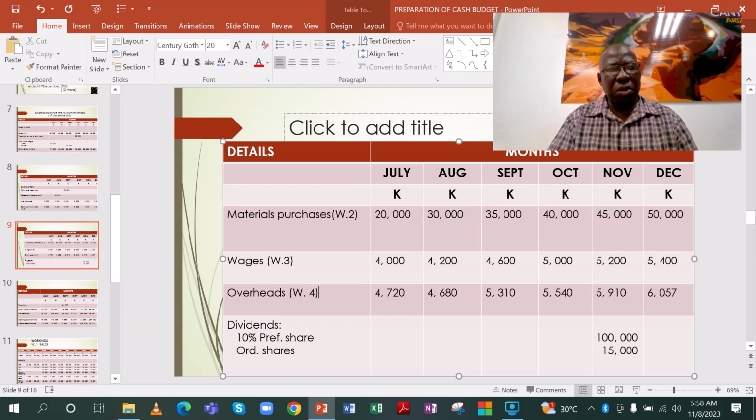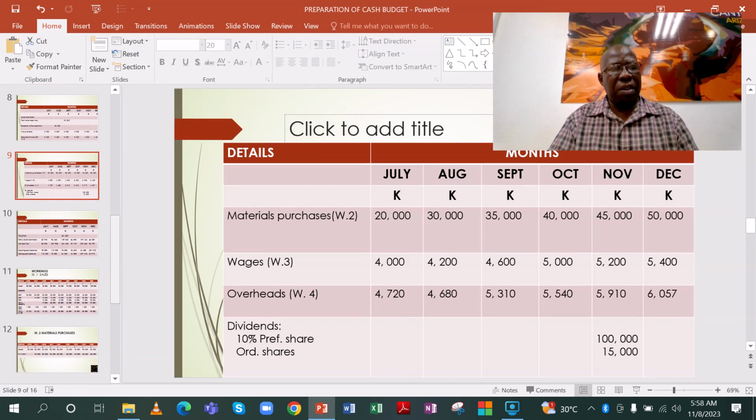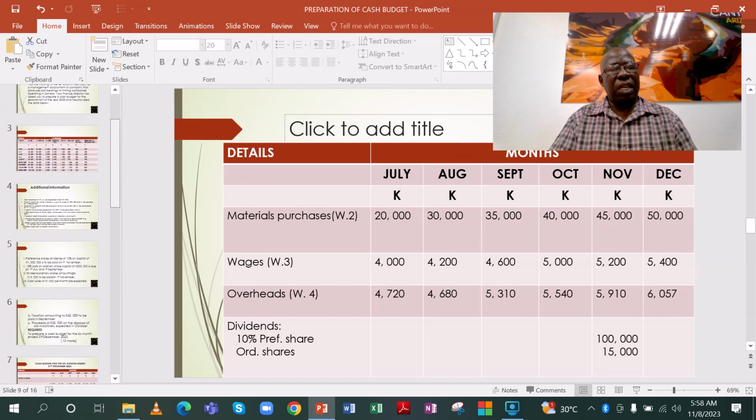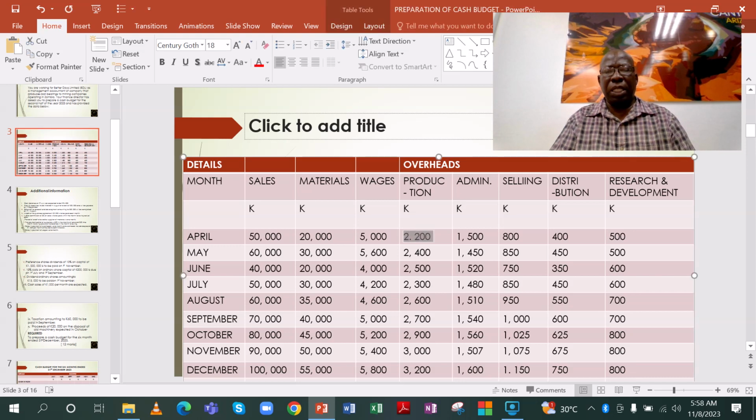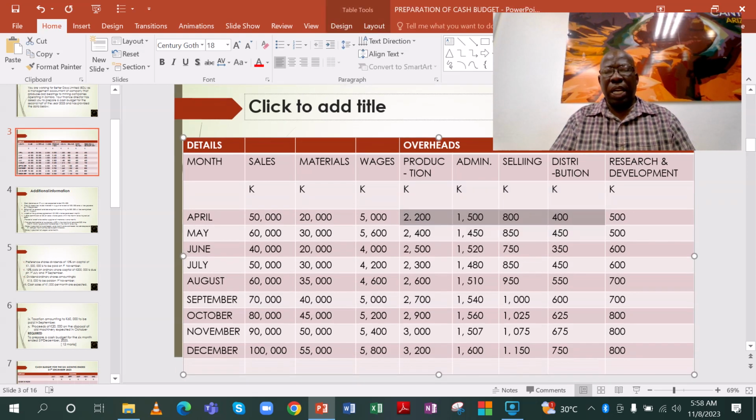Then we have also overheads. So overheads are shown here. There are a number of elements forming the overhead: production, administration, selling, distribution, and research and development. So what you do in this particular case, you add up the overheads for every month. In April, there will be total overheads amounting to that.